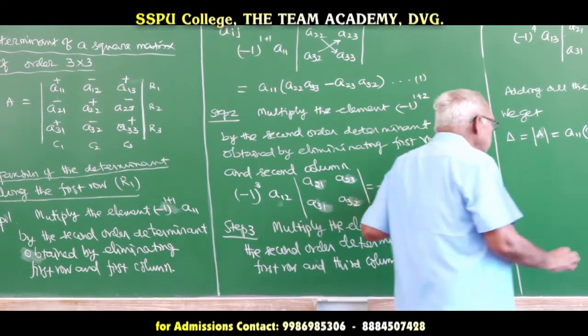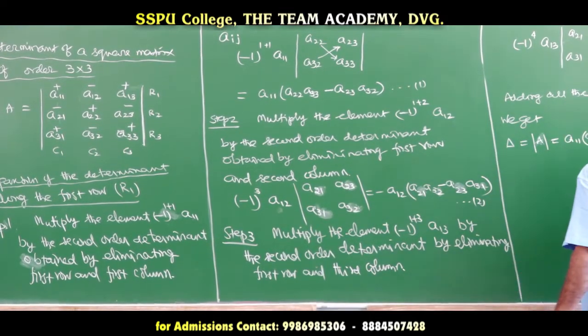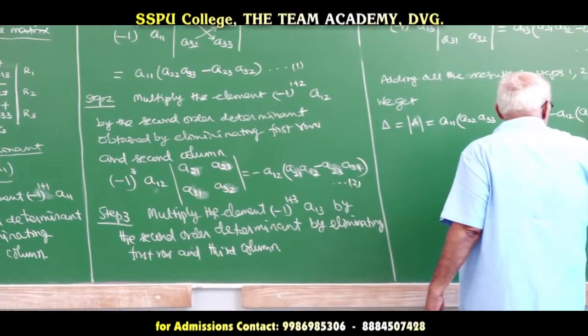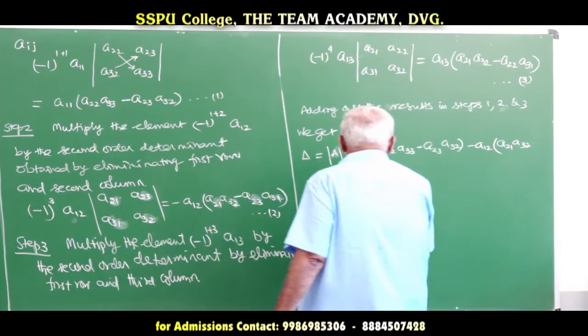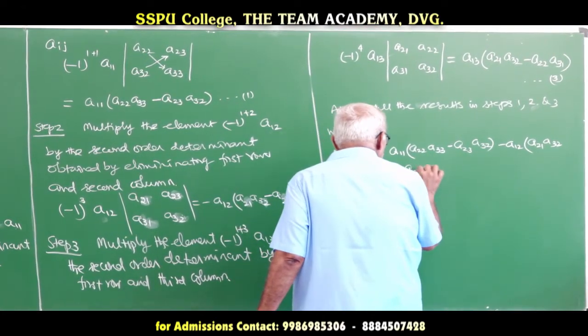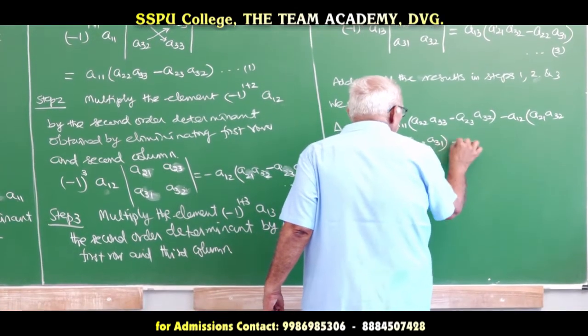Now write this: minus A12 into (A21 A33 minus A23 A31).